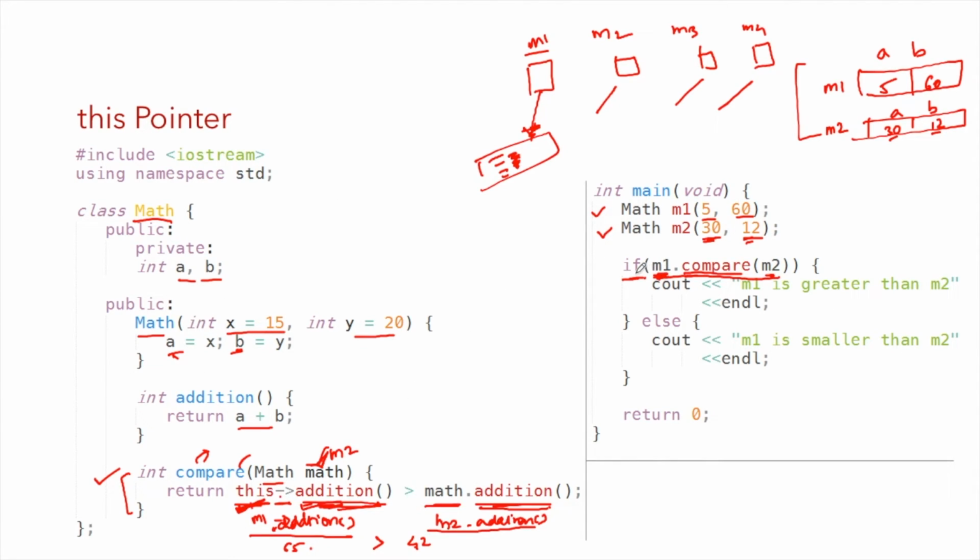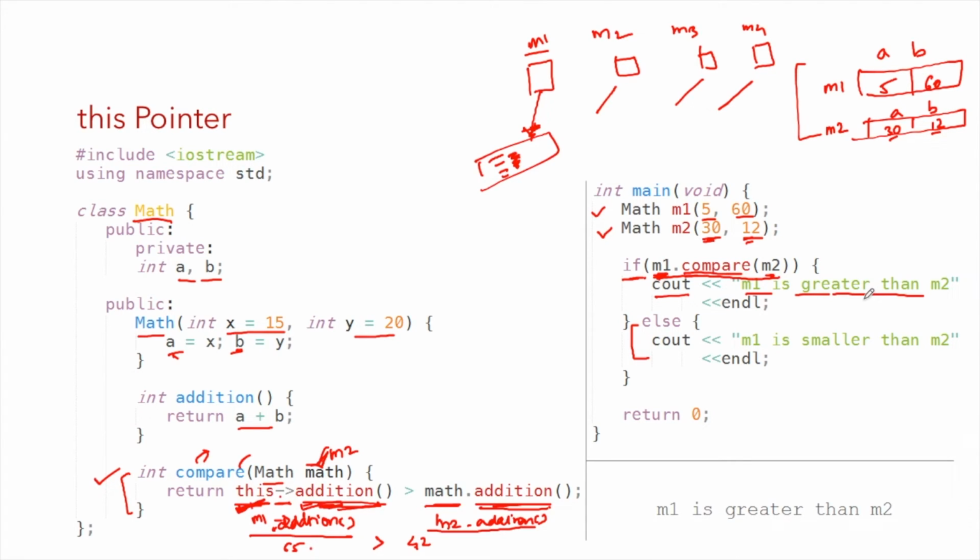Since the condition is true, cout m1 is greater than m2 will be printed, and the other code block will be skipped. So the output of this program is m1 is greater than m2.